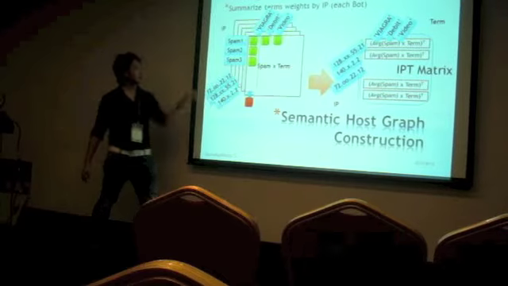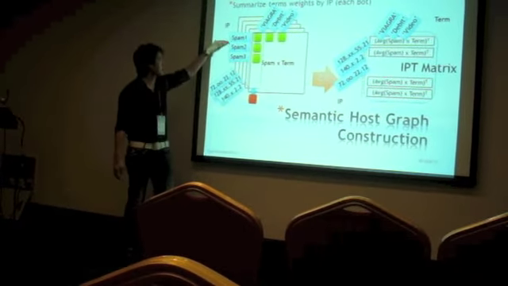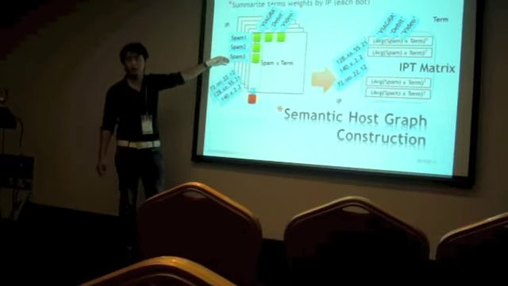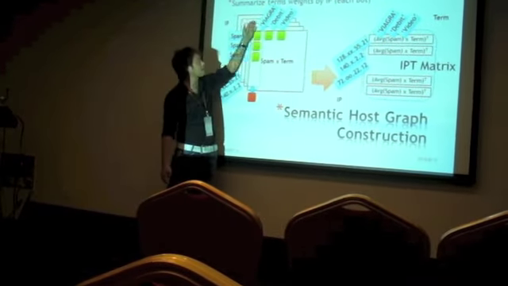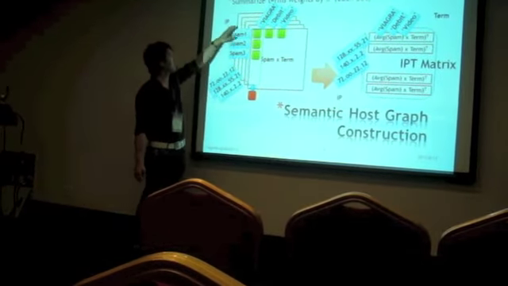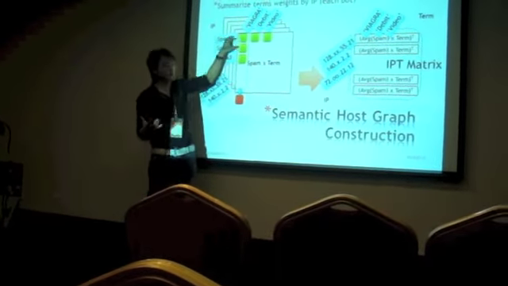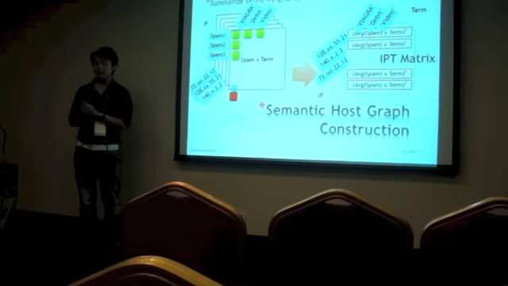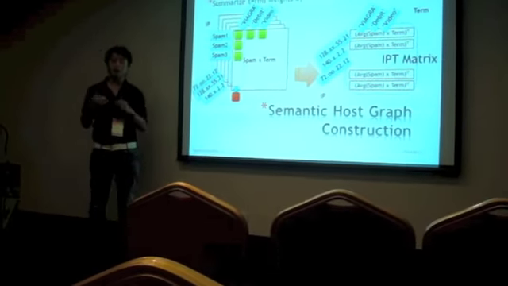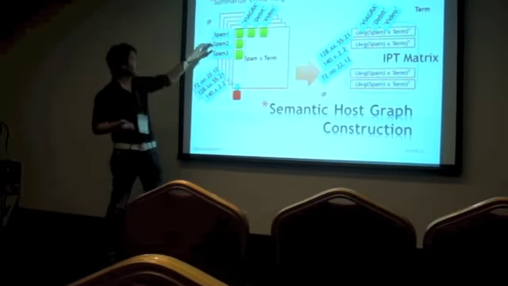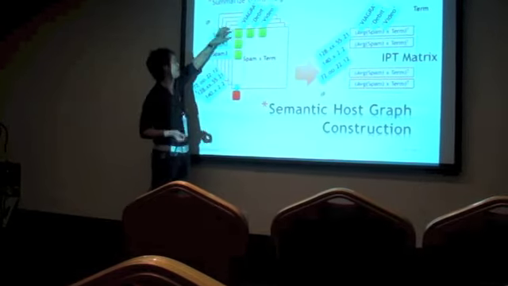It's like this one. For example, this is a matrix. The matrix includes spam 1, spam 2, and spam 3, and the terms are Viagra, debit, video, and so on. We use a variant of TF-IDF that can tolerate some problems of TF-IDF, and we give the terms a weight.